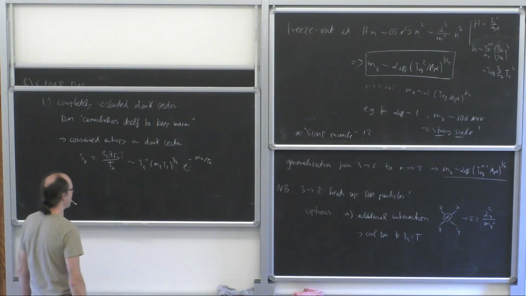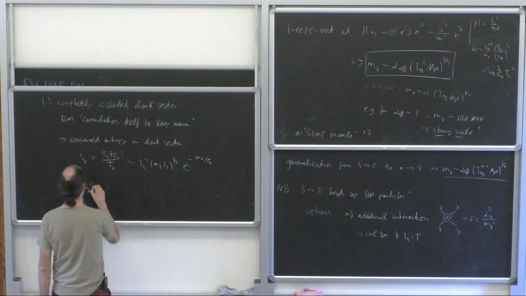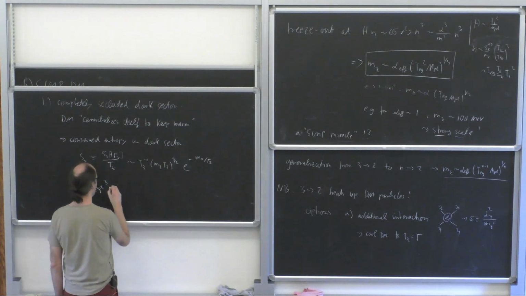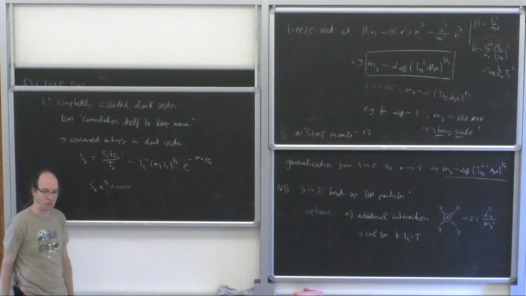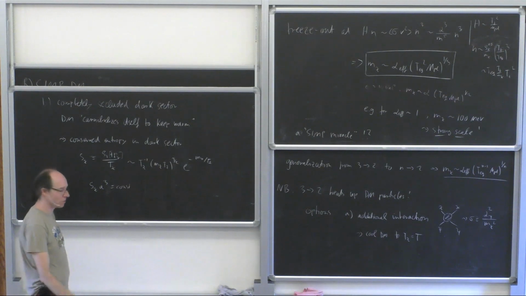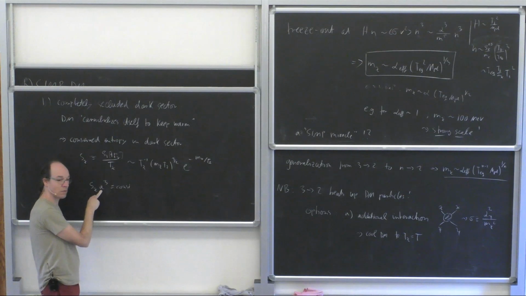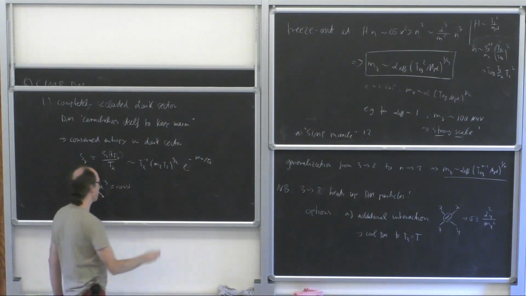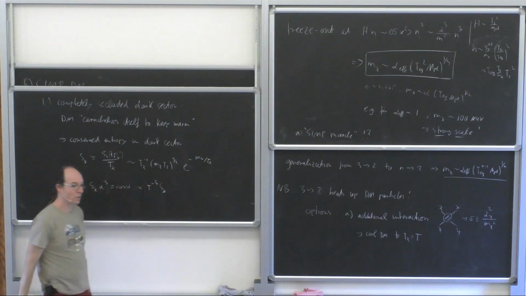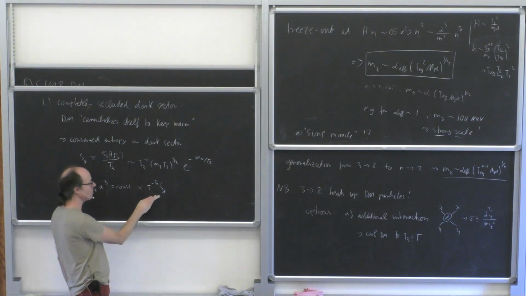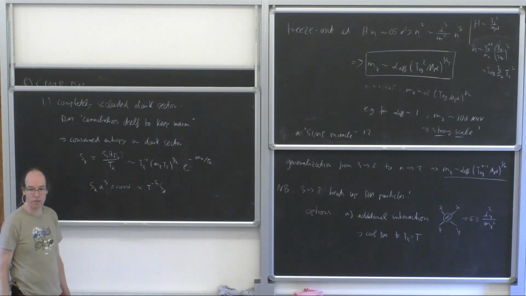So what does that mean? Well, the entropy density is conserved. So s_chi a cubed is constant. But a is the scale factor of the universe. So we are far into radiation domination, so the chi's will not affect the Hubble rate. So a scales inversely proportional to the visible sector temperature. And if this is to be constant, it means that the temperature ratio actually has to grow exponentially.